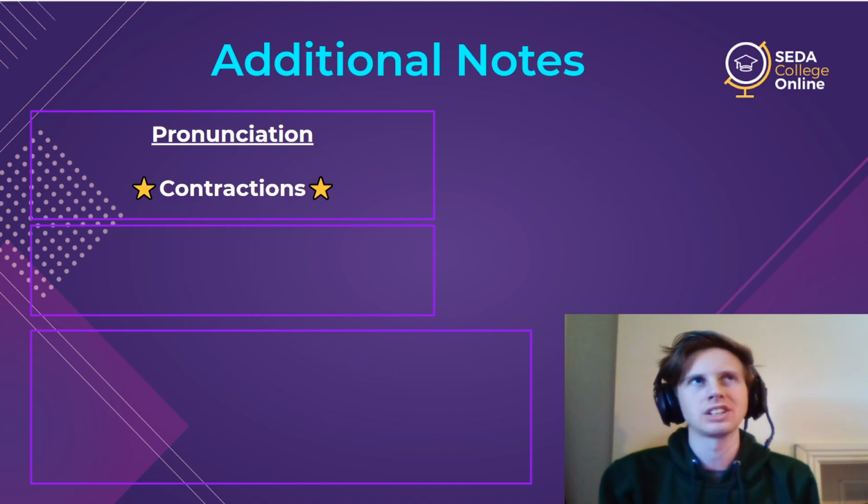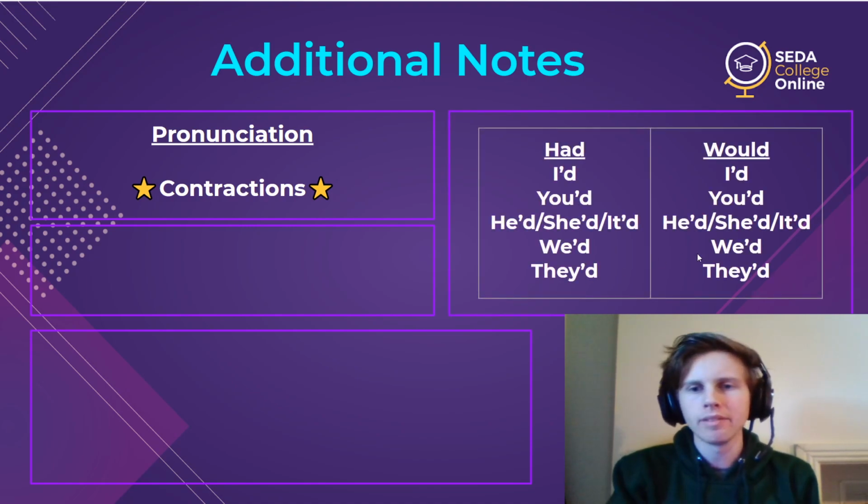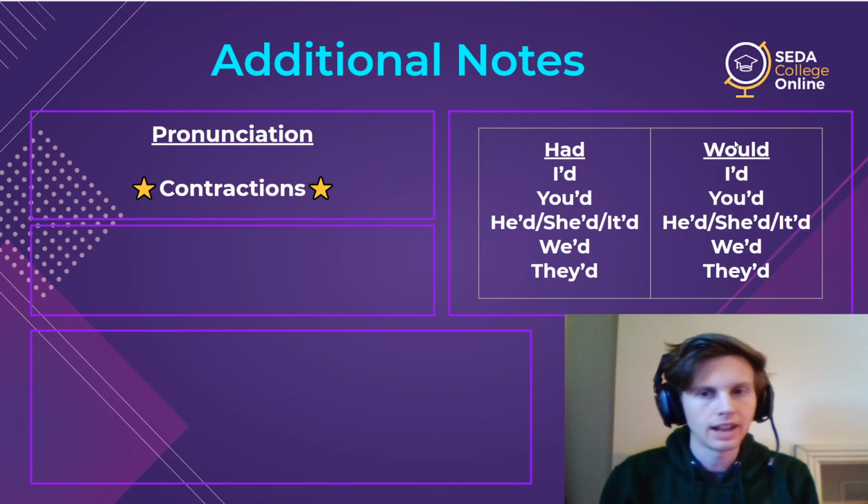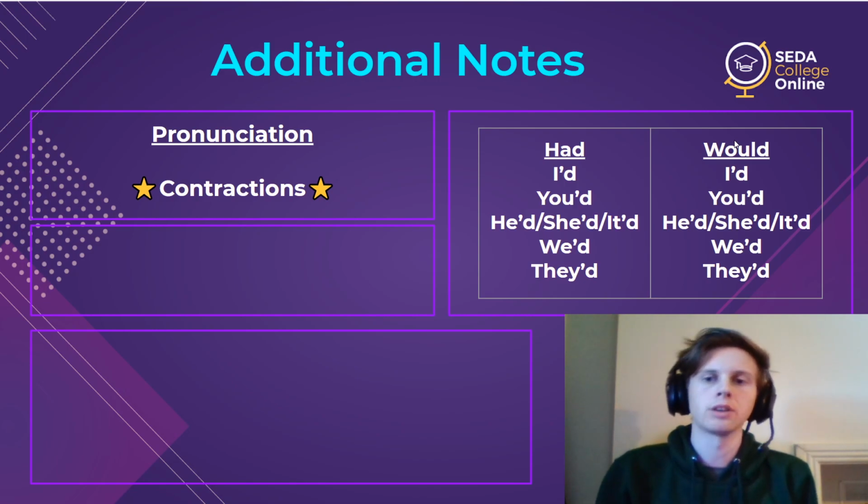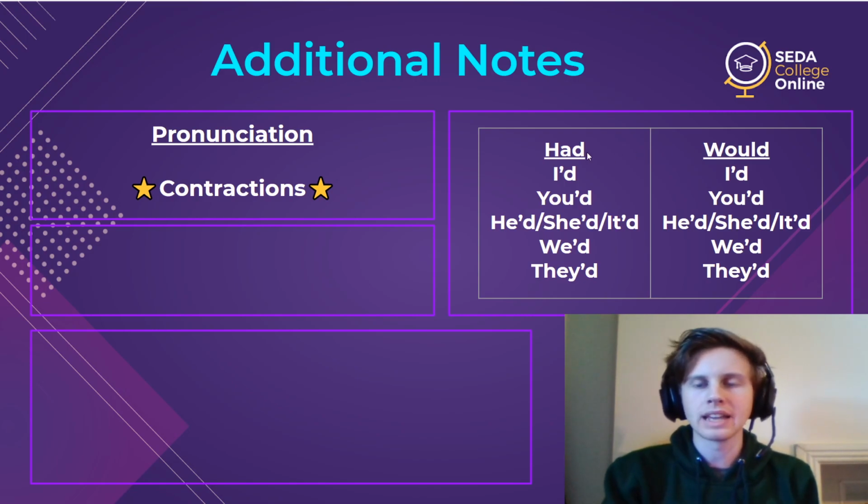Specifically, contractions with the third conditional. So we have in the third conditional auxiliary verb had and auxiliary verb would. So we have now two contractions that are possible. We can make I had or I'd, you had or you'd, he had, she had, or it had, we had, they had.